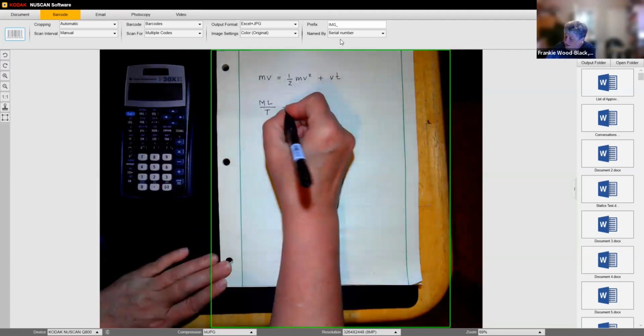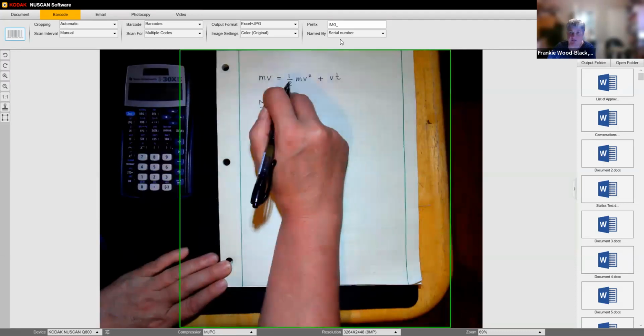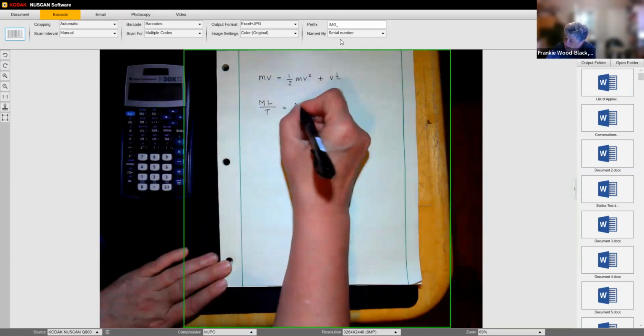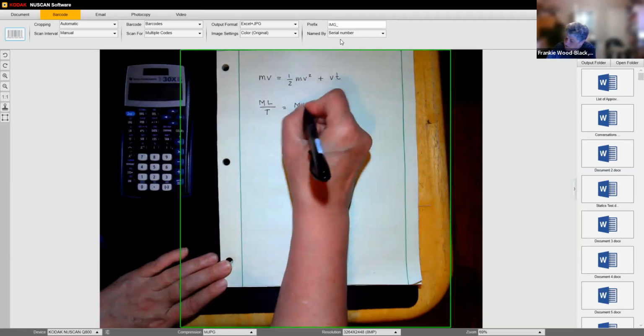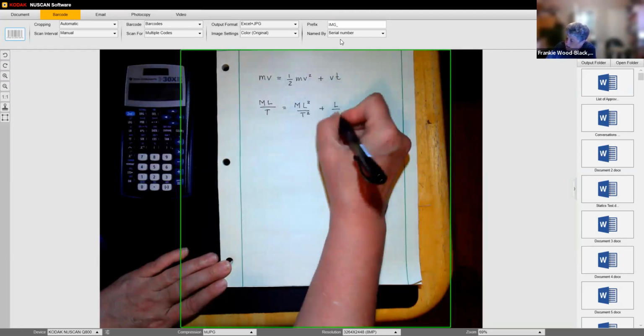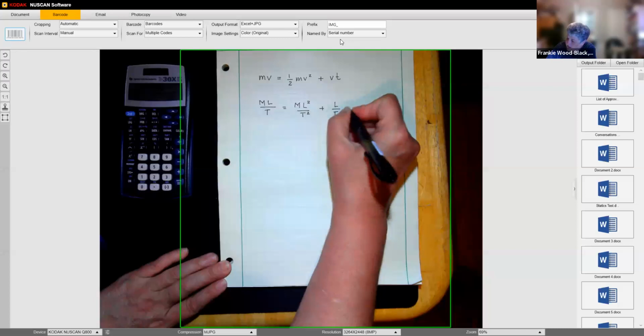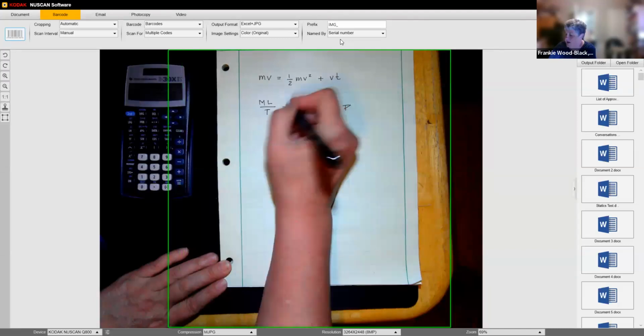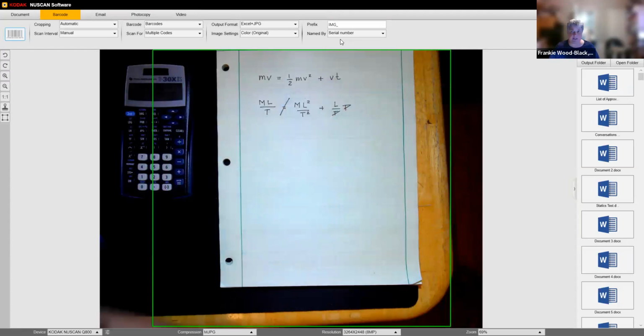This one, I don't have to worry about the 1/2 because there's no units on the 1/2, but I have mass times length squared divided by time squared. Then I have length divided by time times time. Well, those are going to cancel. These things are not equal. That equation is not dimensionally correct. And because of that, we know we've done something wrong. We can't use that equation, because I can't add those things together.